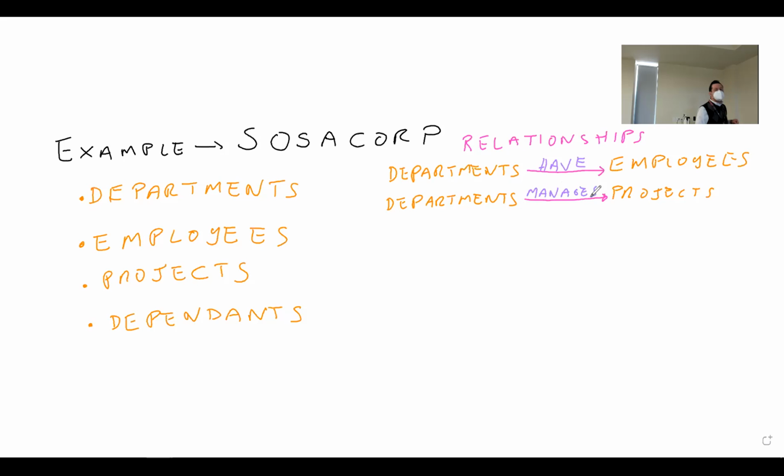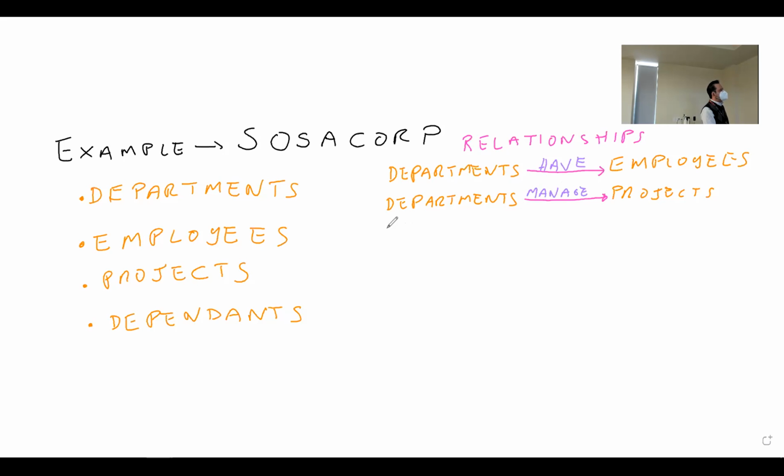Create projects could be as well. Develop projects could be another one as well. Again, what we're trying to do is something that connects one with the other and that makes sense with the context of the project. Departments manage projects. Okay.